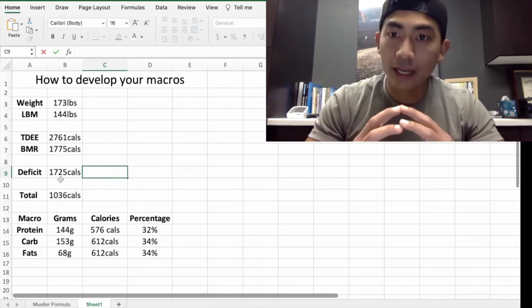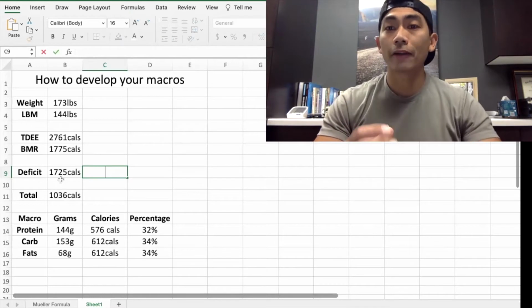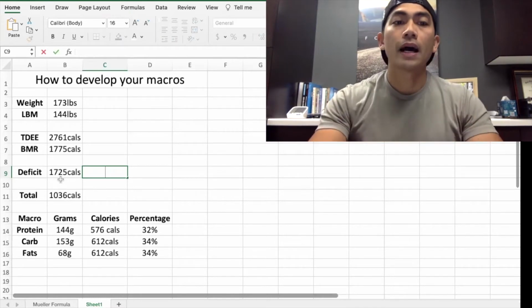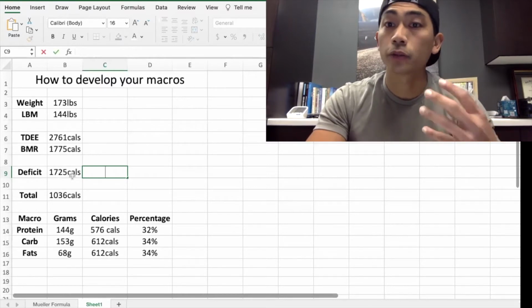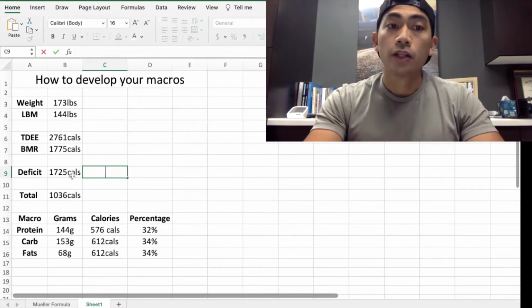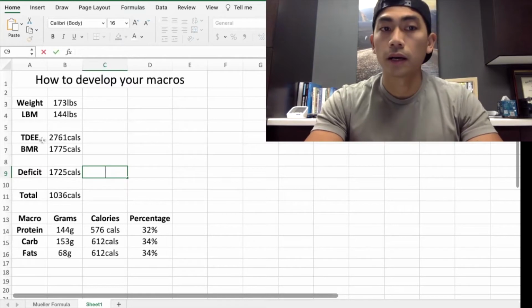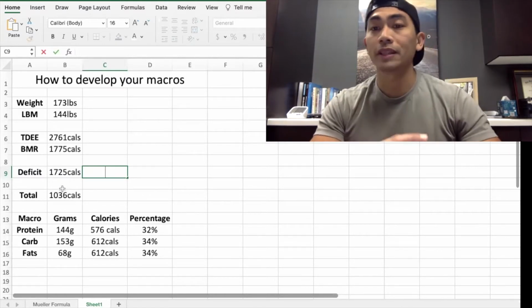Without getting too complicated and throwing out too many numbers, it made me realize that in order for me to get there, I need to put myself in a deficit of 1,700 calories per day. If I subtract my deficit from my total daily energy expenditure, 2,761 minus 1,700, it gives me a total of 1,000 calories.